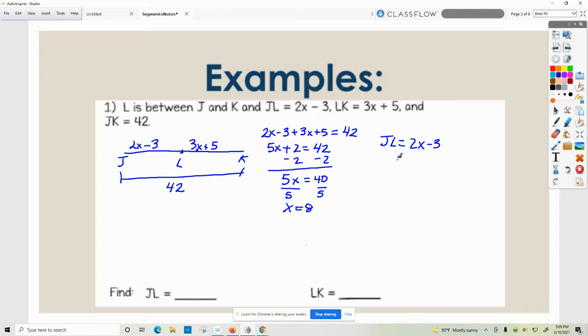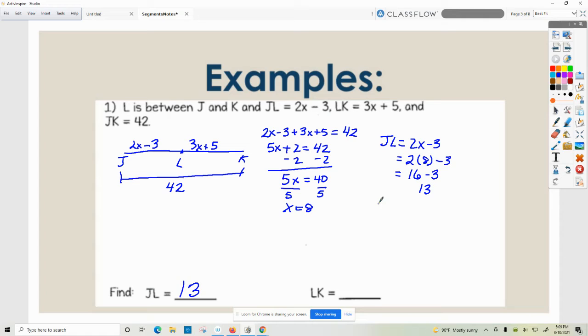Everywhere I see an x, I'm going to plug in 8. So 2 times 8 minus 3. 2 times 8 is 16. 16 minus 3 is 13, so the length of J to L is 13.